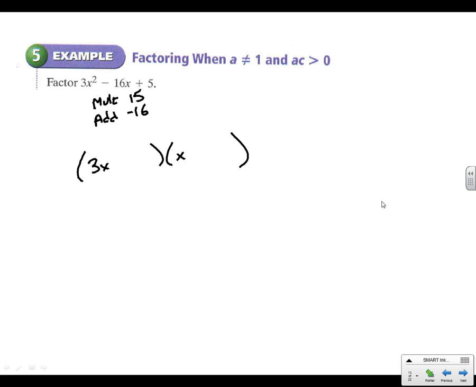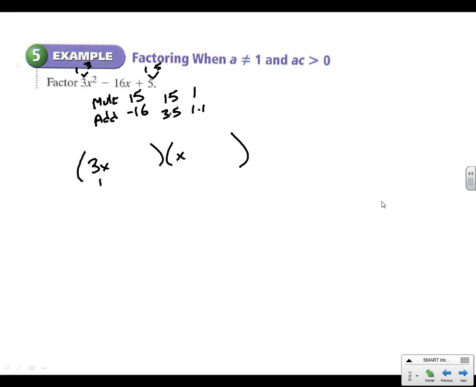So on this one, 15 and 1 are going to do the trick, right? How would we use factors of 5 and factors of 3 to get 15 and 1? We would have to have 3 times 5 and 1 times 1.